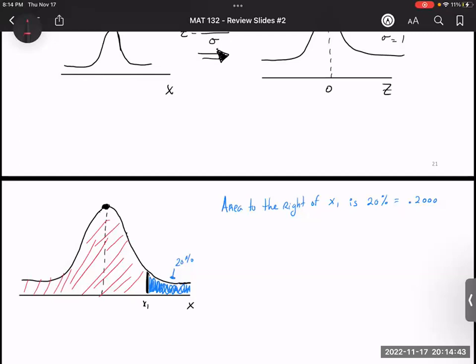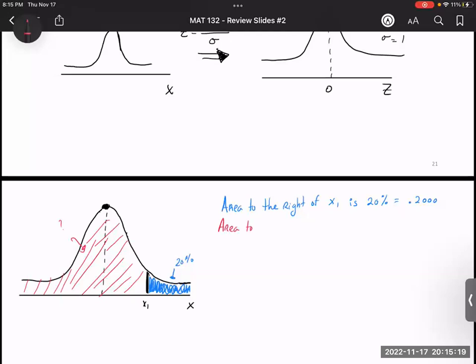You can't say 1 minus 20%. Well, yes, you can. It will be 1 minus 0.2. So what's 1 minus 0.2? What's the area of the region to the left of x1? What's this red region going to be? 0.8. Thank you. 80%.